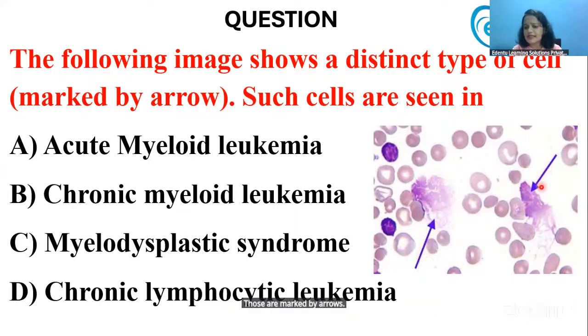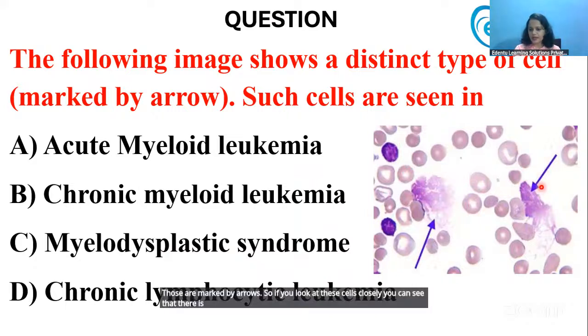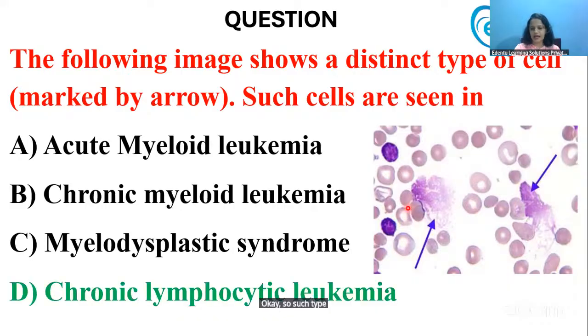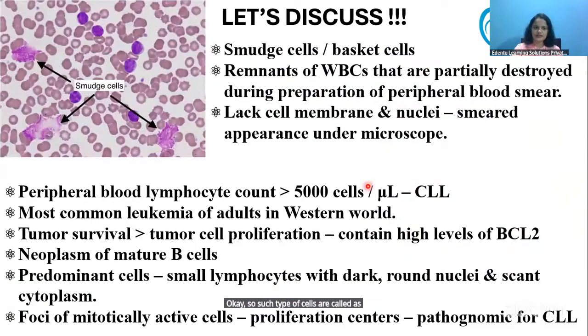If you look at these cells closely, you can see that there is no specific membrane for this cell. The membrane is not there, and there is no nucleus, and the cell itself is not clear. It is more like a smudged appearance. Such cells are called smudge cells, or they are also called basket cells.